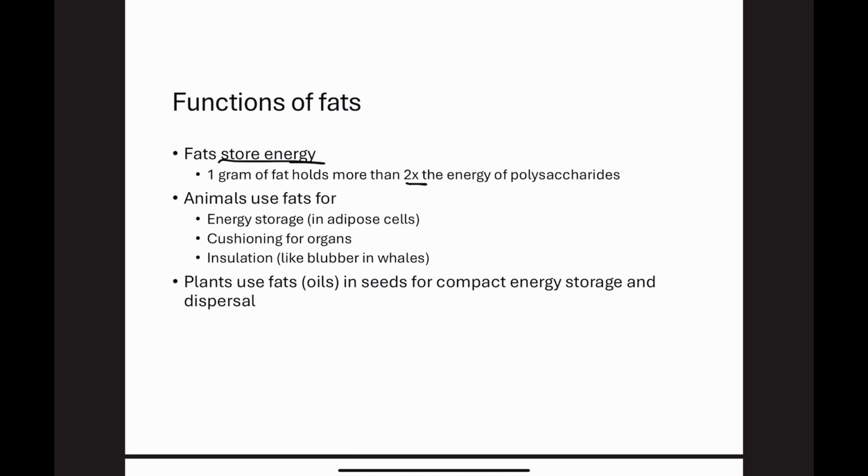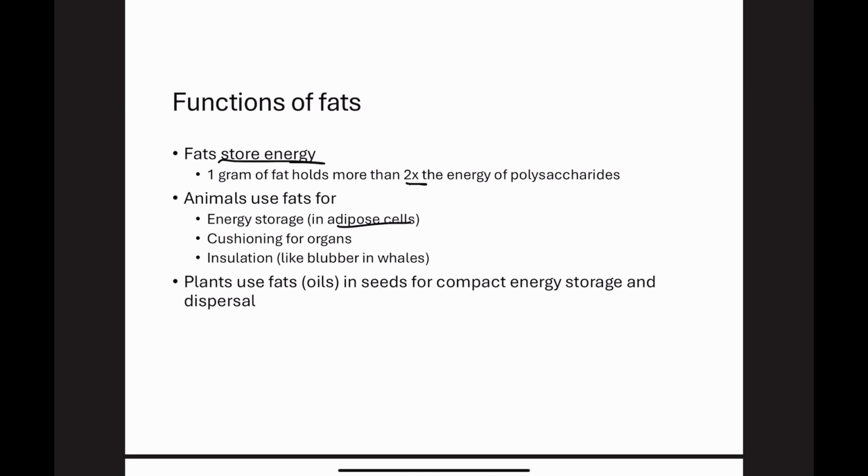And animals rely on fats also. And these fats for animals, they are portable long-term energy reserves, which can be found in our adipose cells. So our adipose tissues store our fats, and these adipose cells, they actually are going to swell and shrink as fat is either deposited or withdrawn.